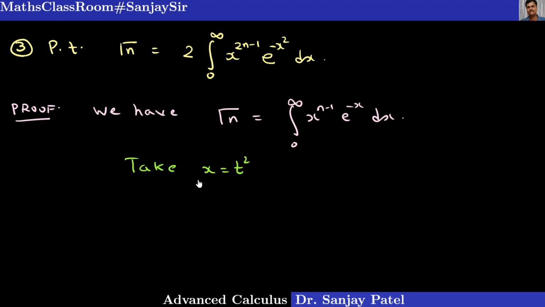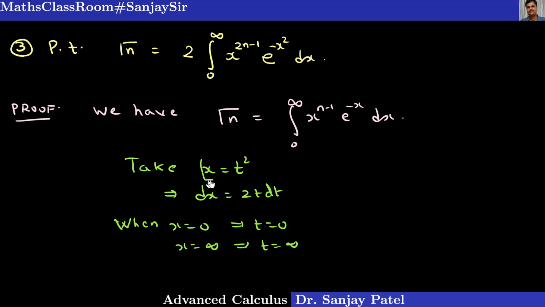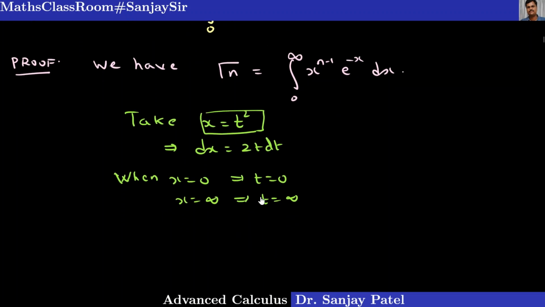And whenever you take any substitution in a definite integral, you have to change the variables as well as the limits of integration, and replace the differential dx by the new variable differential. So this implies dx is equal to 2t dt, and also when x is equal to 0, we have t equal to 0, and when x is equal to infinity, we have t equal to infinity from this relation.